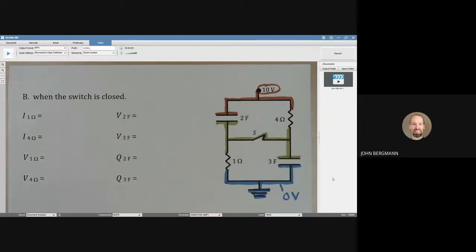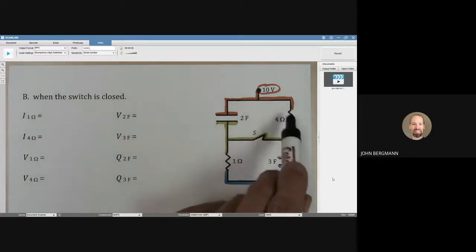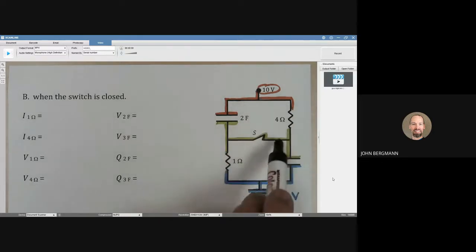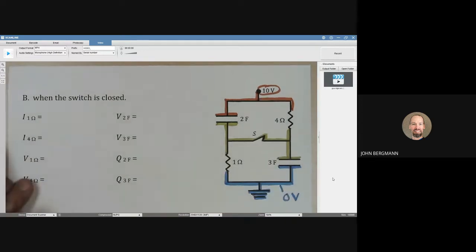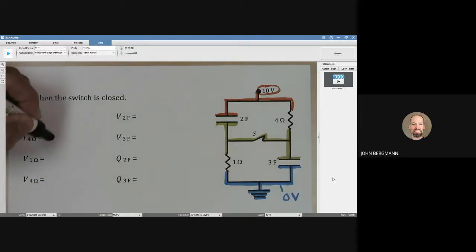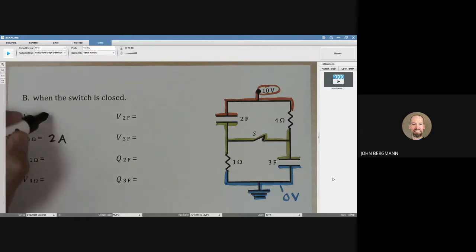So let's see what we can do here. Well, there will be current flowing through here now, and it will snake to the right and then back to the left. The resistance is 5 ohms, and the pressure difference is 10 volts. So I think there will be 2 amps going through the 4 ohm resistor. There will be 2 amps going through the 1 ohm resistor.